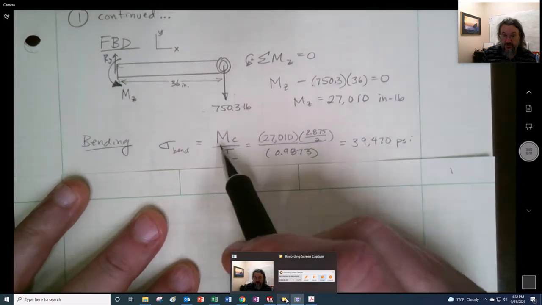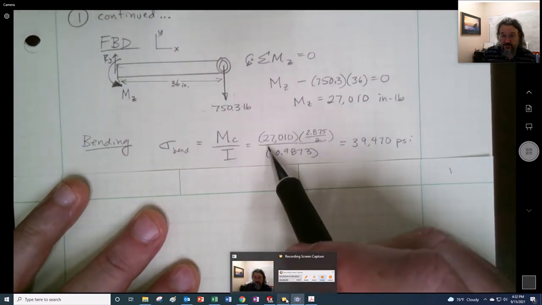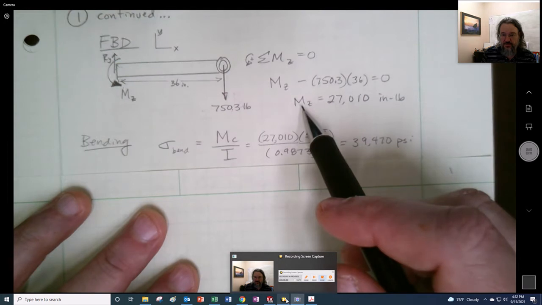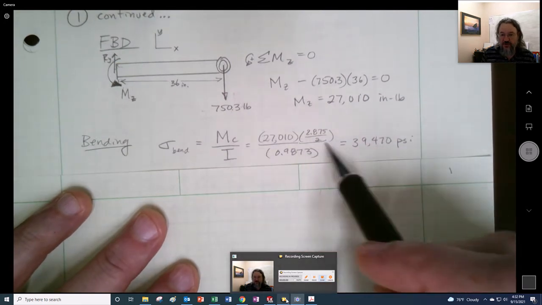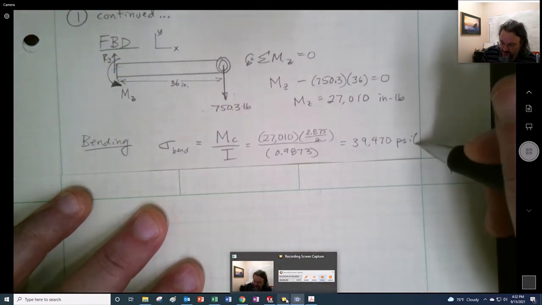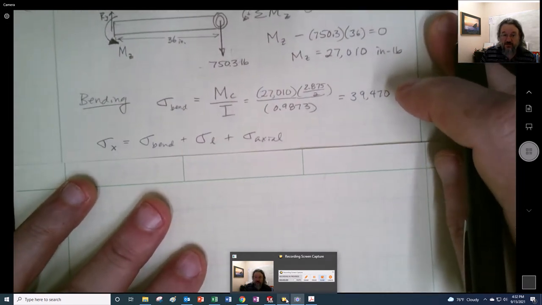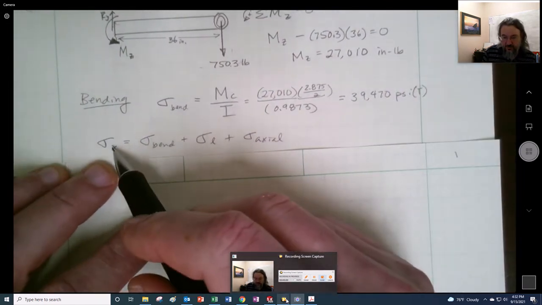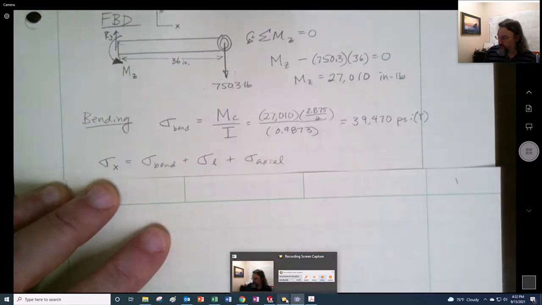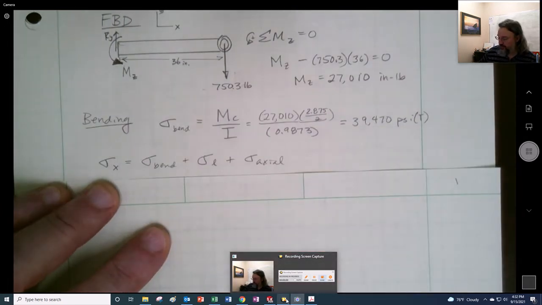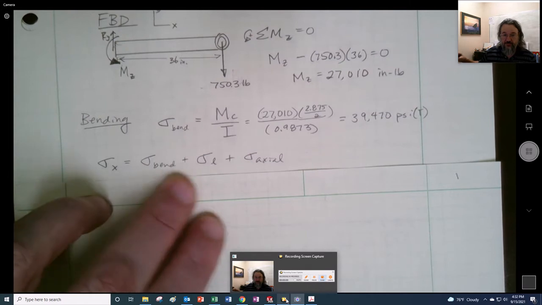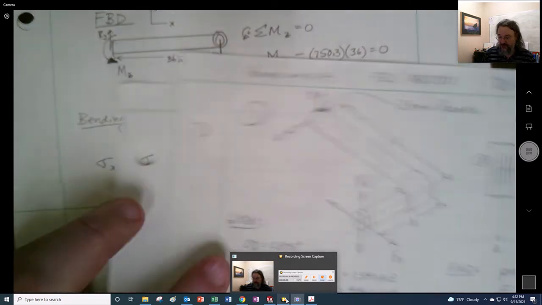So using the moment, we find the bending stress, and this is in tension, so we should probably put that on there. And we can say that in the x direction for stress, we're going to have a combination of bending, longitudinal, and axial stress.